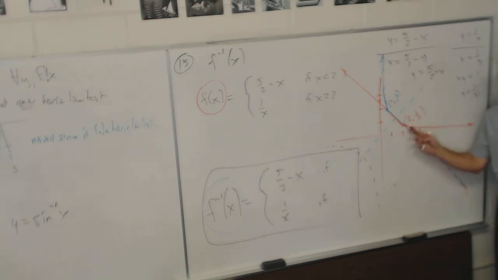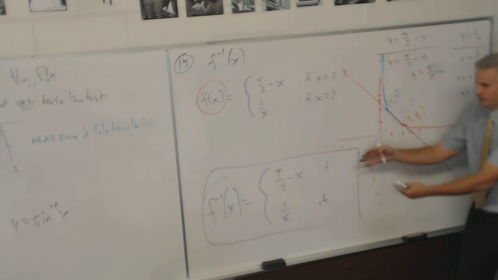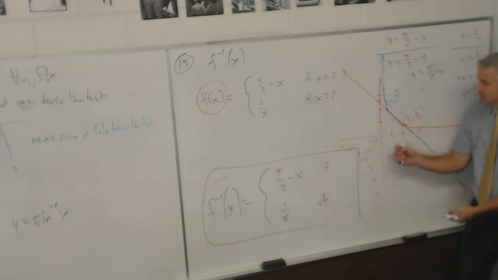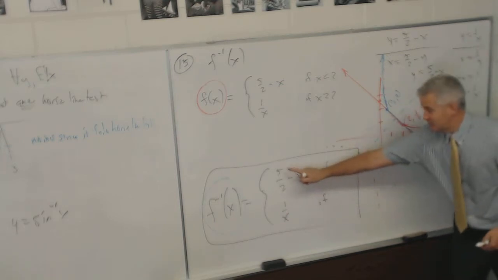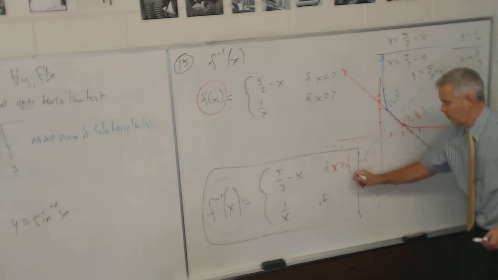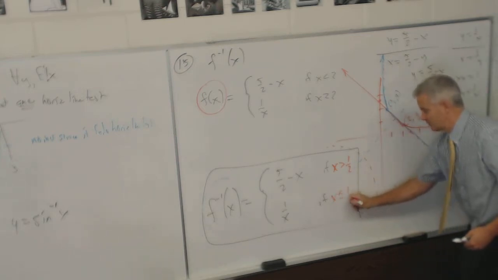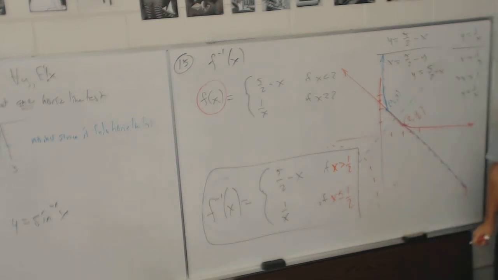It turned around at (2, 1/2) at the beginning. So where's it turning around on the inverse? (1/2, 2). But we're defining it in terms of x. So I need to say it's 5/2 minus x if x is greater than 1/2, and it's 1 over x if x is less than or equal to 1/2.